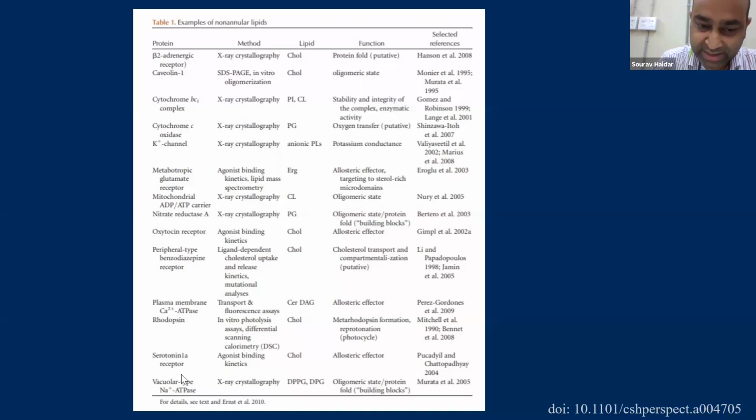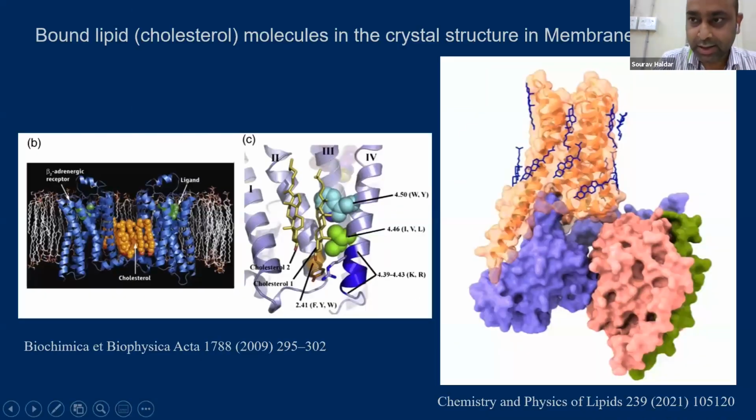It was predicted by the biochemical experiments that it might have a bound cholesterol molecule, which was verified by other groups by the crystal structure that came out very recently, I think in 2021. So here is the structure for the serotonin 1 receptor, which has the bound cholesterol molecule in the form of a non-annular lipid.